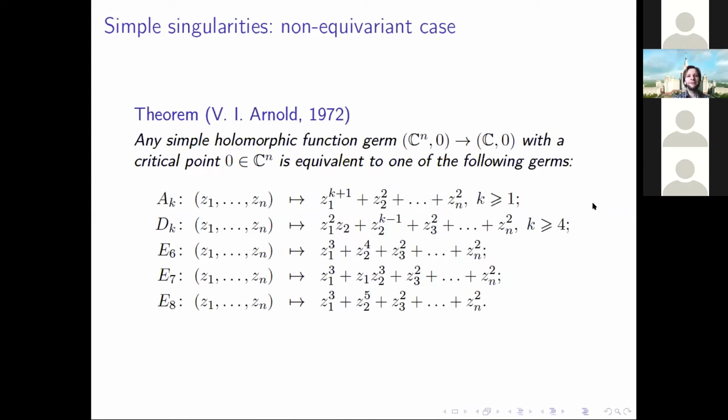And this is the classification of simple singularities in the non-equivariant case. So there are two infinite sequences, AK and DK, and three exceptional cases, E6, E7, and E8. It is worth mentioning that the answer does not really depend on the number of variables. Well, it does depend on the number of variables, but the number of variables only influences the number of variables in the quadratic form that we had here.